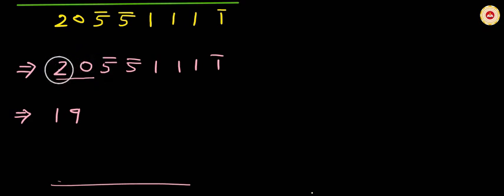Now let us apply the Nikhilam sutra. 9 minus 5, which is 4. Now this negative 5 is the last negative digit, because after it there are positive digits. So the last digit should be subtracted from 10. So 10 minus 5 is 5.